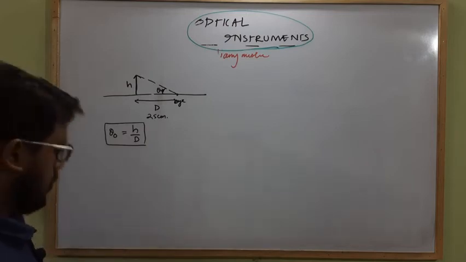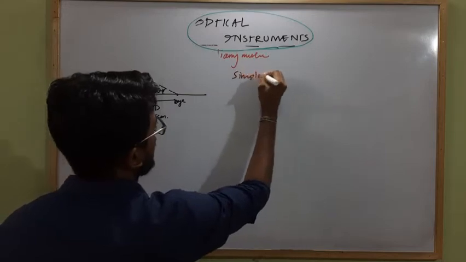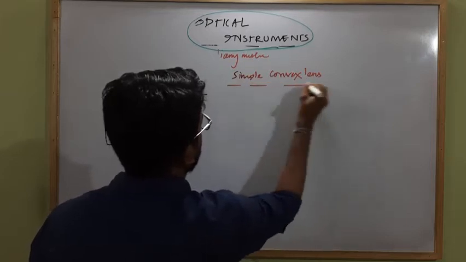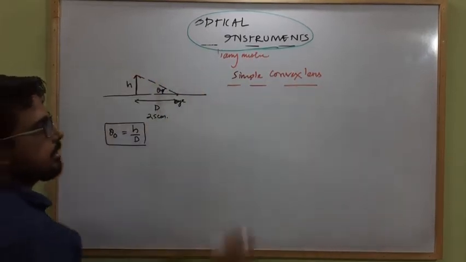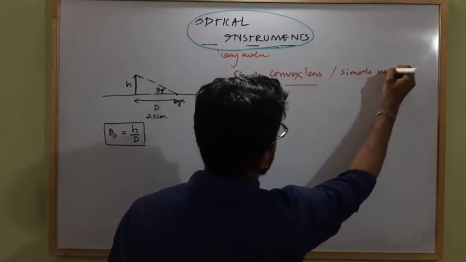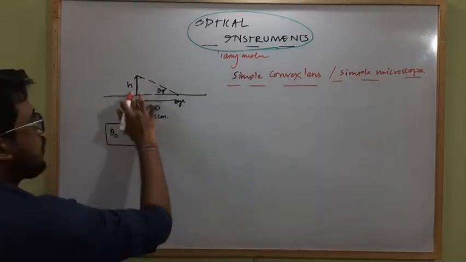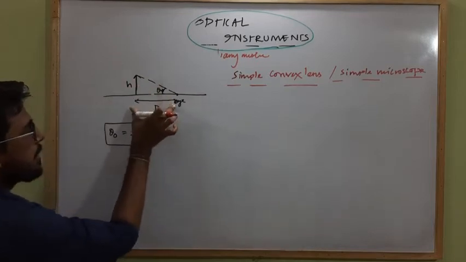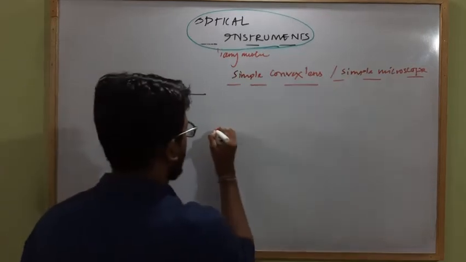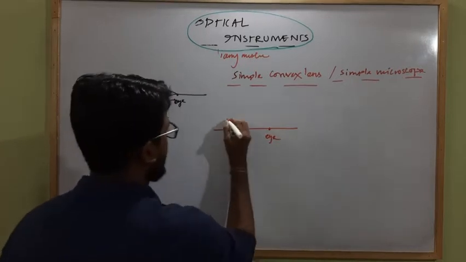So here we can use a simple convex lens to increase the image size, which is also known as a simple microscope. So what do we do? As this is the object placed at a distance of d, the viewing angle is theta naught equal to h by d. Same, here is the eye, and here is the object.